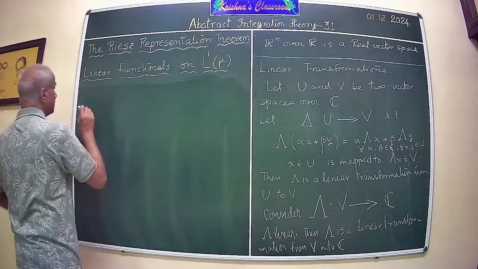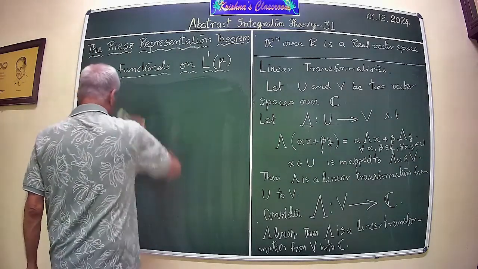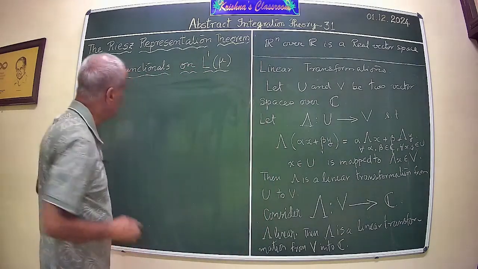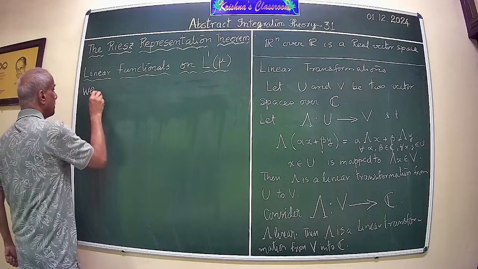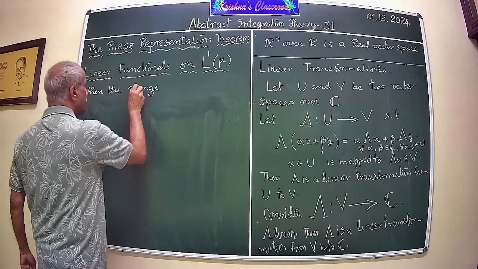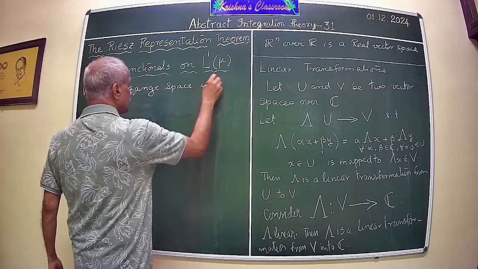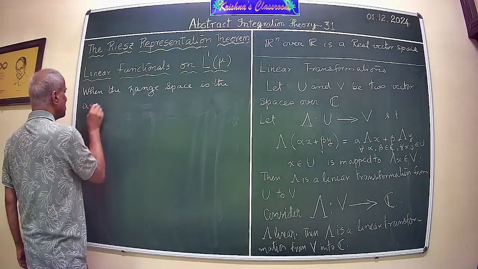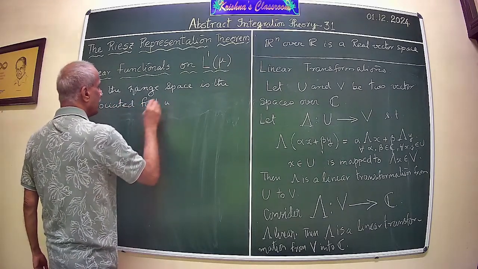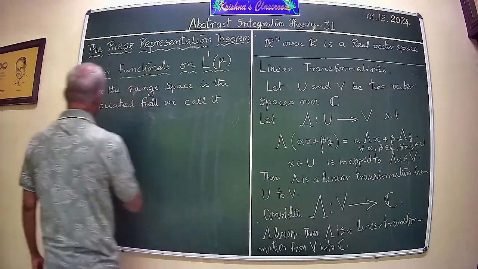When the range space is the associated field, then we call it a linear function.